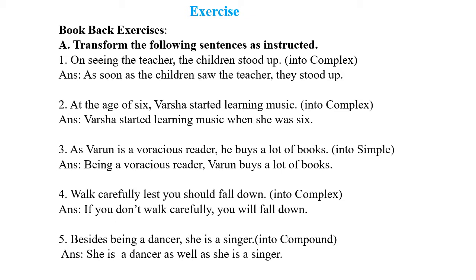Subordinating conjunction as should be removed, and the respective phrase being is put here. Being a voracious reader. We have to remove the verb also, no? So we are removing subject, verb, Varun, is and all removed. We are putting only the phrase being a voracious reader.